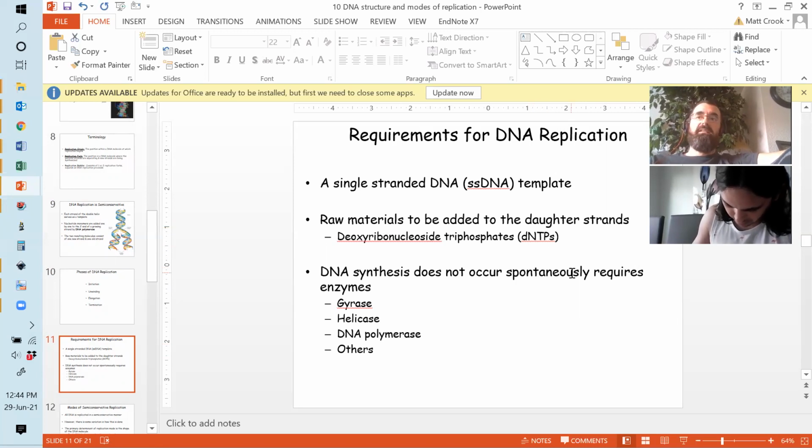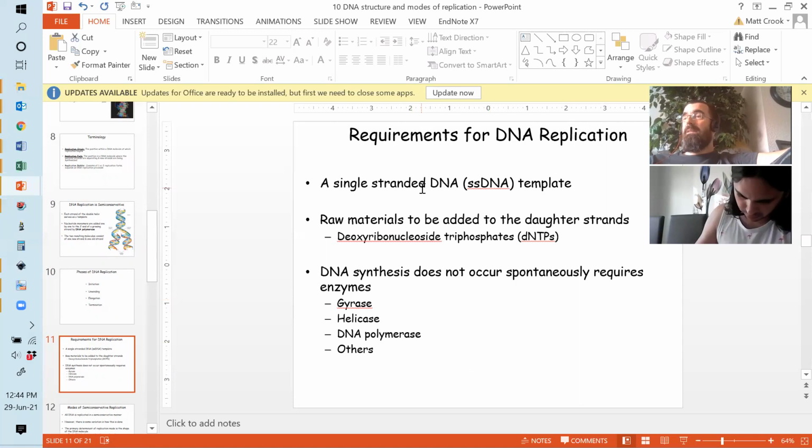So that's going to be the adenine, cytosine, guanine, and thymine. We need a bunch of energy, a bunch of ATP as well. And we need a whole load of enzymes, some of which are listed here. And we'll go through what these different things do when we get to that point.